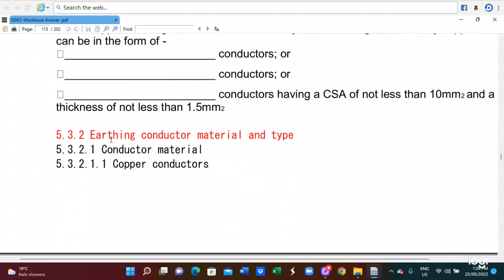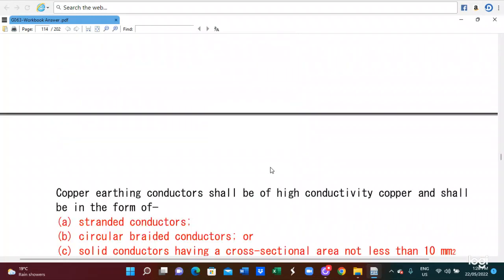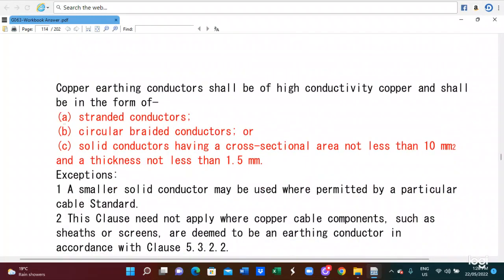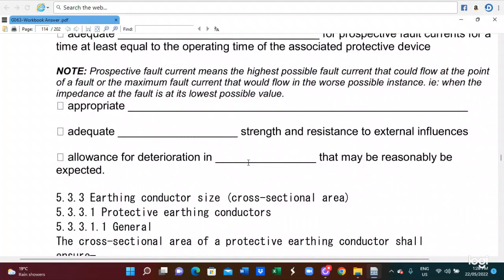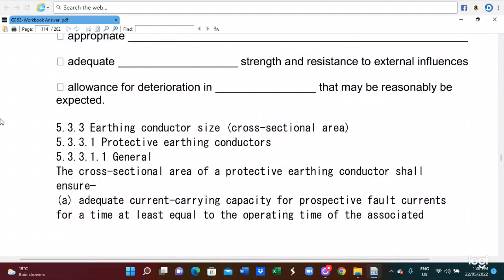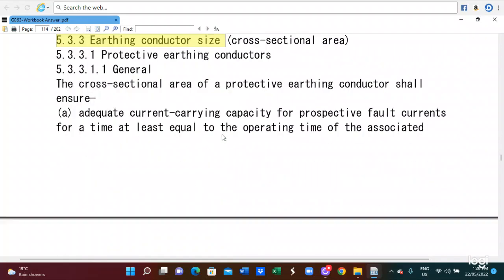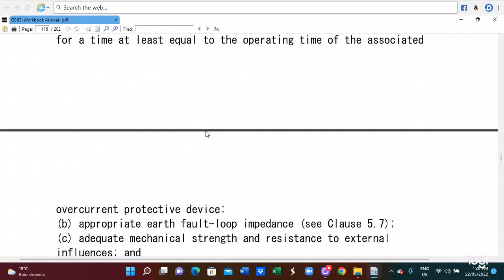And the earthing conductor material you can see in clause 5.3.2. And for the earthing conductor size, you can see clause 5.3.3. This might be the adequate current-carrying capacity, an important aspect.